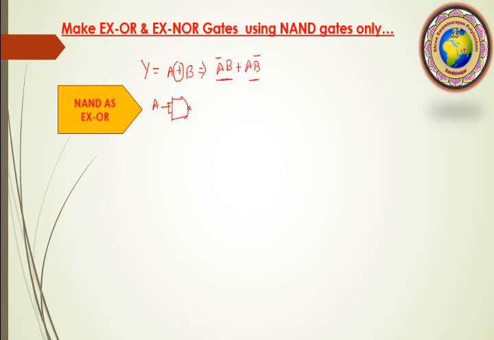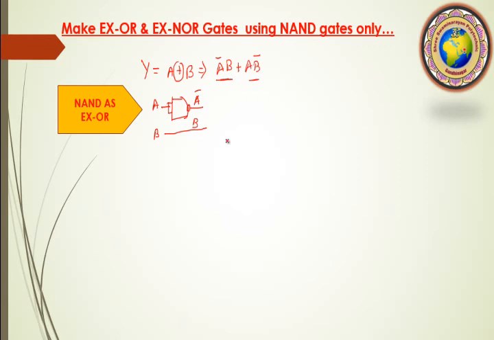Here is the input. So here I get A bar, and B I can take directly, and we are using these two to convert the dot product. Dot product means NAND as an AND. So NAND as an AND I use two gates, NAND as a NAND I use two gates. So how can we develop it?